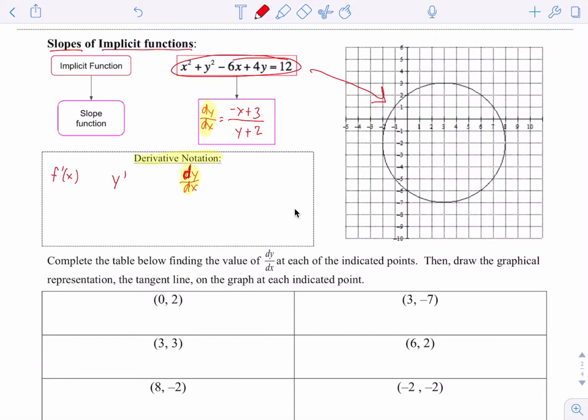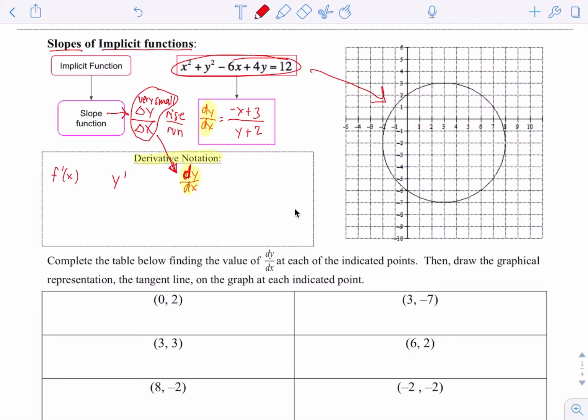Now, remember, what is slope? Isn't slope just change in y over change in x, rise over run, right? But to find an instantaneous slope, we need a very small change in y over change in x, and that's what we call dy dx, okay?